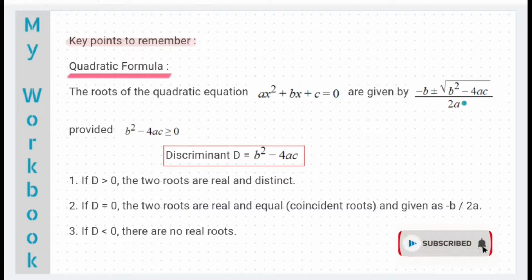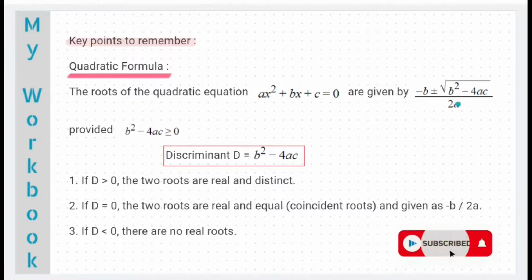So this term within the square root, b square minus 4ac, is called the discriminant of the quadratic equation. So we can find the roots by using this formula whenever the discriminant is greater than or equal to 0.